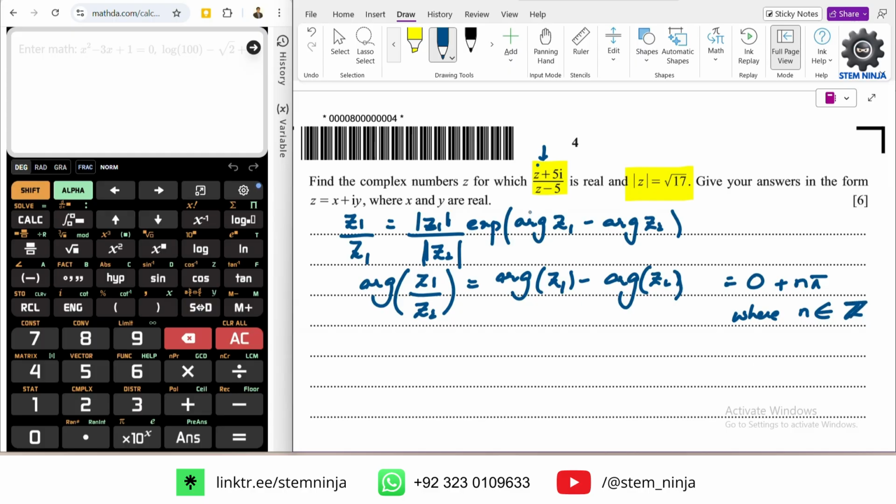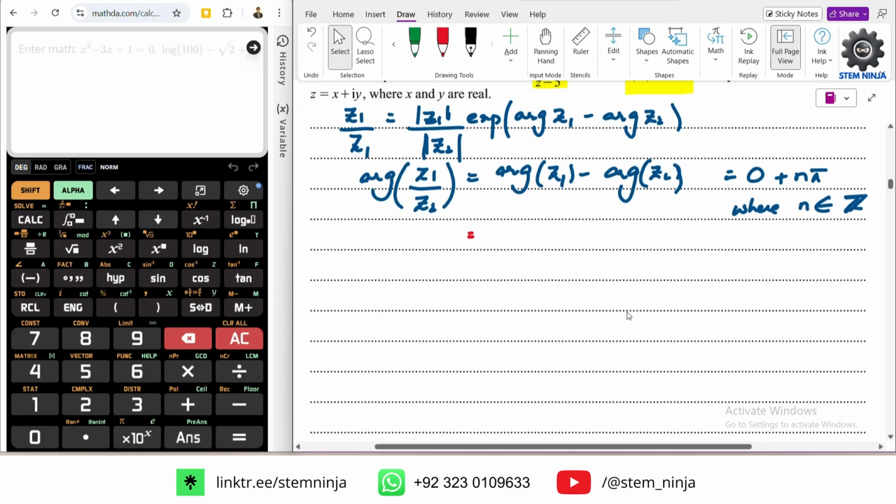Another way to understand what we are actually saying: if we draw the Argand diagram, for example, this is your z1 and this is your z2. Actually, since we want them to be real, let's make it this way. So either the difference between them is 0, that means both of them are going this way, or they are going opposite ways. Okay, or this could be repeated also.